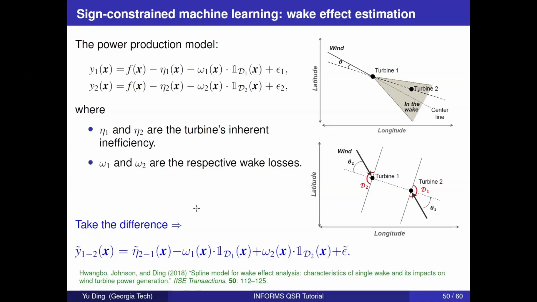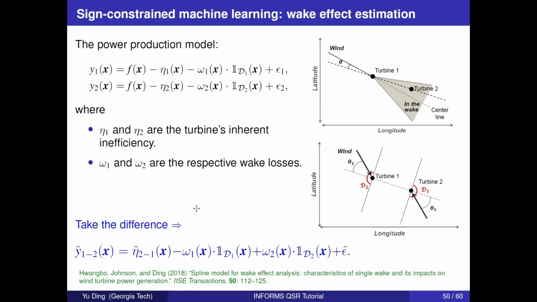So we established 2 models, right? One is for turbine 1, another for turbine 2, and we assume there's a systematic inherent inefficiency, eta 1 and eta 2. Suppose these are the same turbine, and their frontier function f(x) can be assumed to be the same, but the actual production is not.